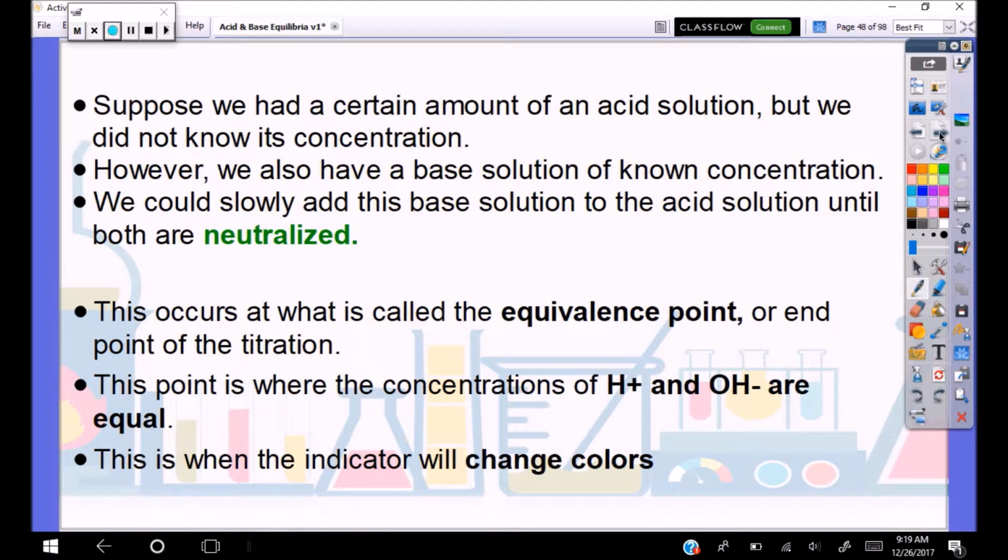If we know what our OH concentration is, and at the end point or the equivalence point we know that it's equal to H plus, then we can go back and calculate our moles of H plus and therefore calculate our molarity to get our concentration. If we're using an indicator, the equivalence point is where it will change color.